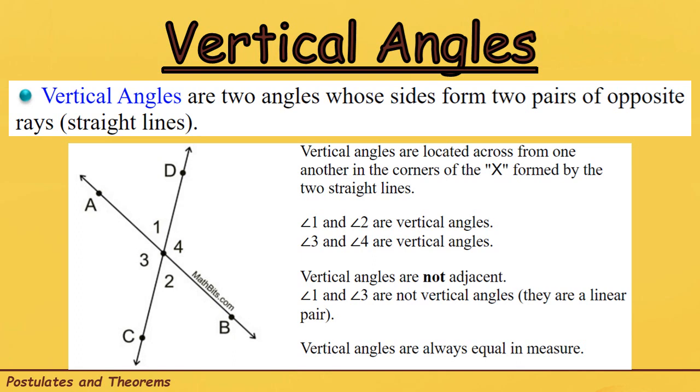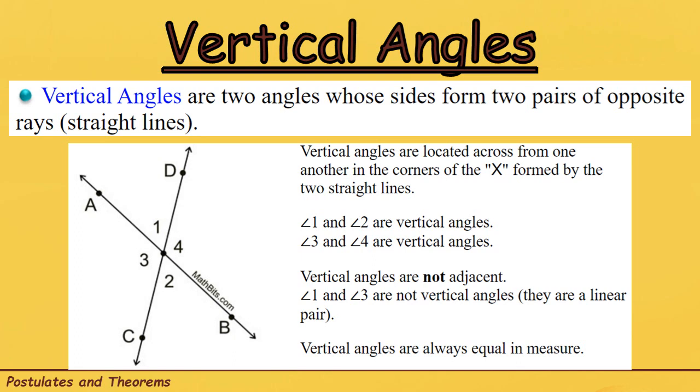So, bigyan natin ng konsiderasyon yung angle 1 and angle 2, or let's focus and observe the two vertical angles there. So kung mapapansin natin, ito yung mga angles na magkatapatan. Magkakatapat silang angle. Ayan, angle 1, ang katapat niya is angle 2. Ang katapat naman ni angle 3 is angle 4.